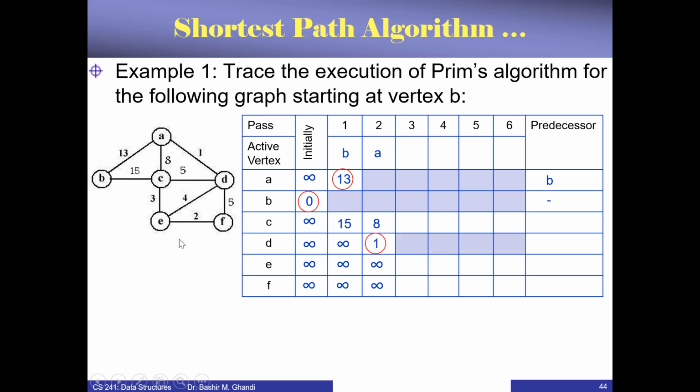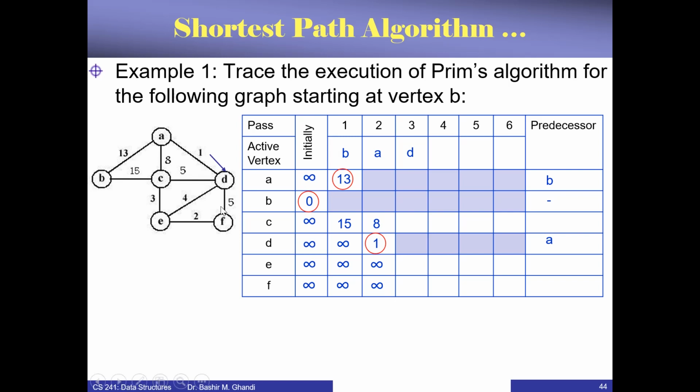So finalize it, and identify the predecessor as A, because it was from A that we reached D to get this cost of 1. Then make it your next active vertex. So D is going to be our next active vertex.